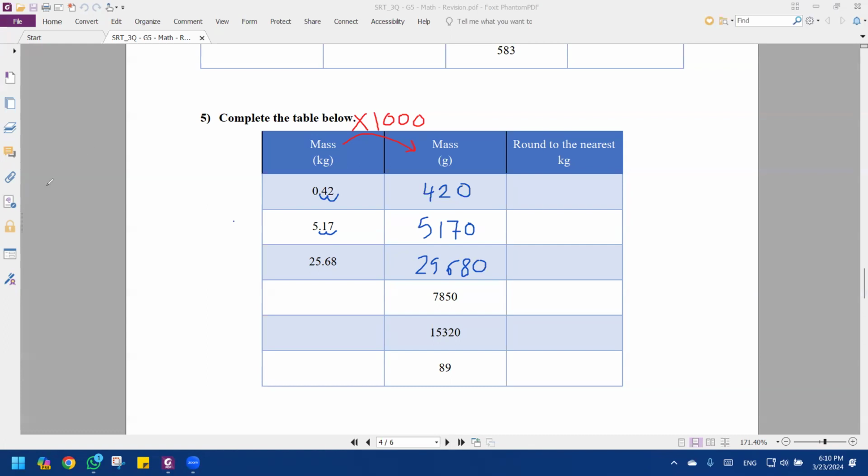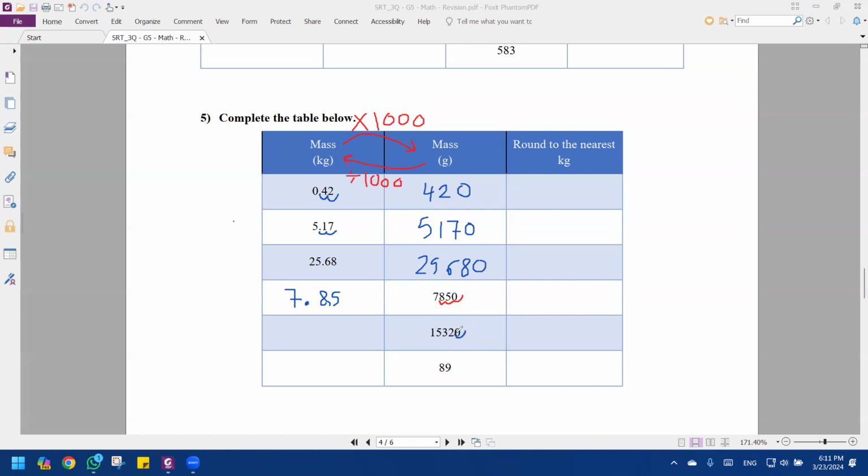Now, from the mass of gram to kilogram, from smaller unit to bigger unit, we divide by 1000. So we bring the decimal point, we move it 3 steps. 1, 2, 3. The answer will be 7.85. Some of the students will write 7.850, which is also correct.